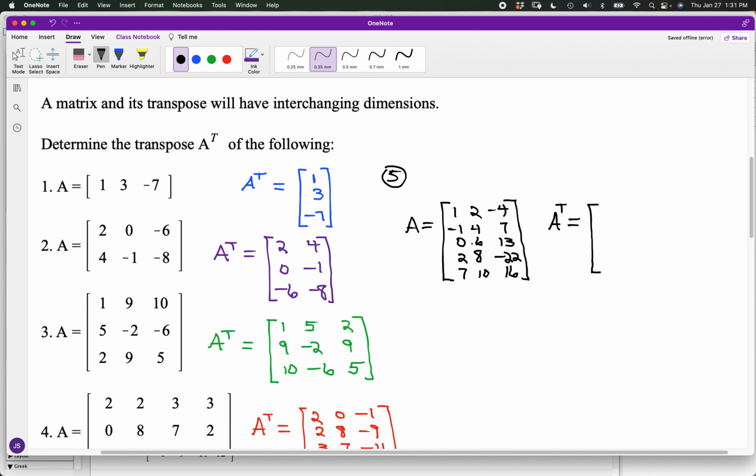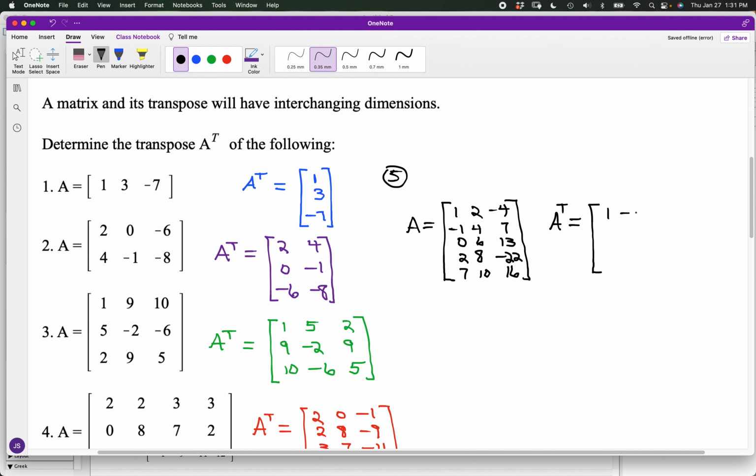So for A we have 1, -1, 0, 2, 7 for the first column, and we can make this into the first row in the transpose. So we have 1, -1, 0, 2, 7, and then we have the second column, 2, 4, 6, 8, 10.